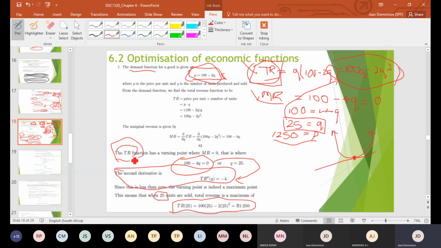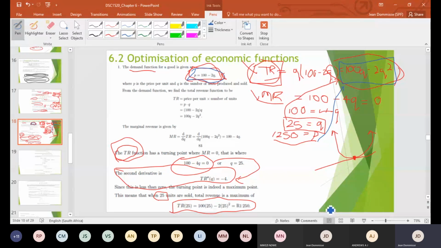Your total revenue function was the one that we calculated here. That is why we still needed to go back to this one, because that is actually your original. This was only a part of that original. So that is why when we worked out the P, we needed to go back to that function, because that is, in a sense, your original.